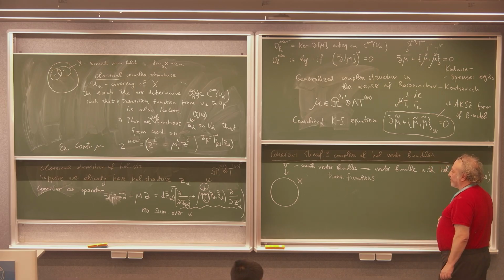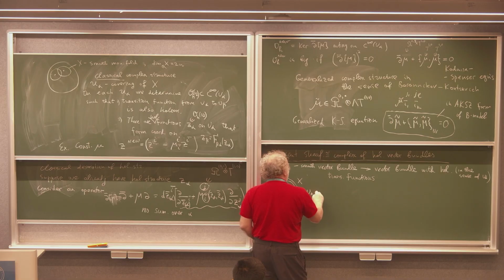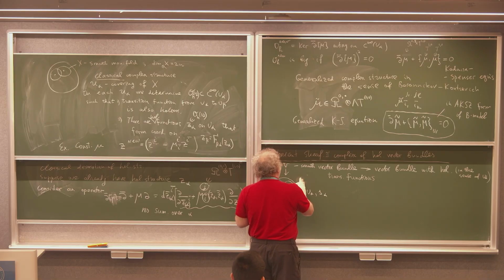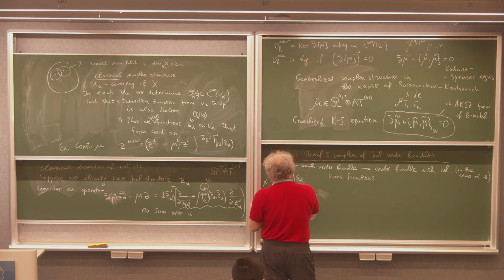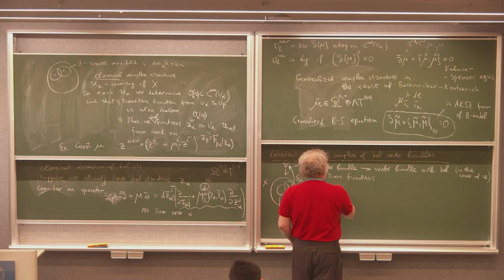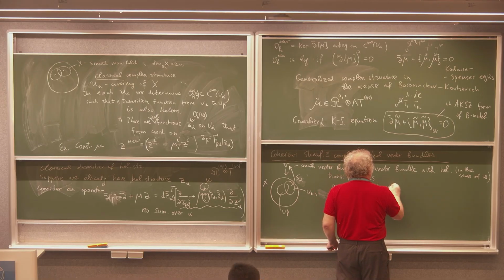So what does it mean? It means that on U alpha, we want to find sections S alpha, how to draw it, such that on the intersection transition functions are holomorphic.